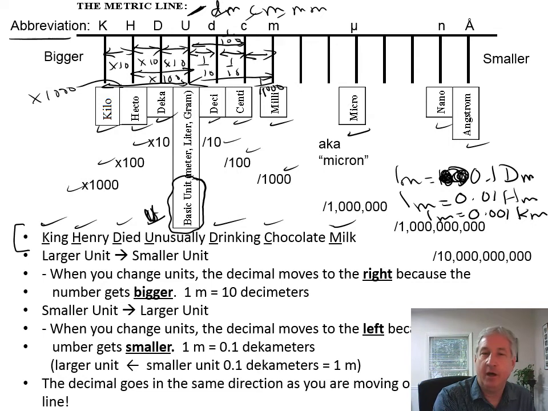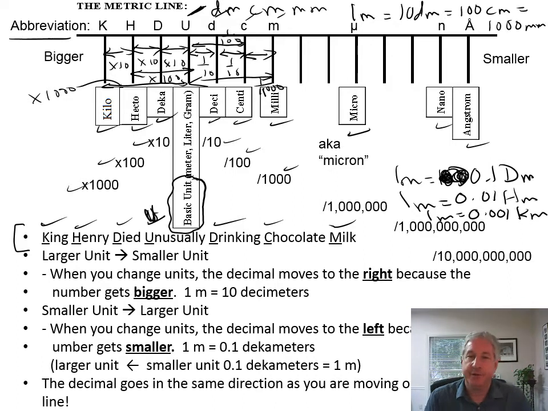If you have 1 meter is equal to 10 decimeters equals 100 centimeters equals 1,000 millimeters. Okay, so if you're going from a smaller unit to a larger unit, you move this point to the right.